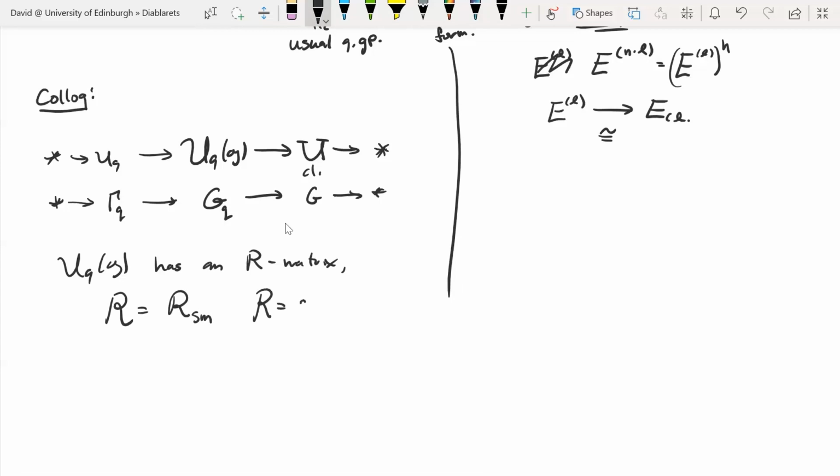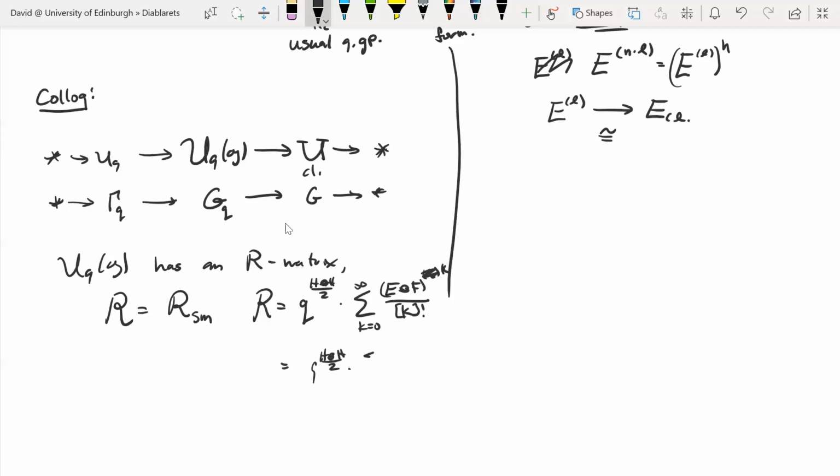It's like q to the, let's say, H tensor H over 2 times the sum k equals 0 to infinity of, now what you usually write is E tensor F raised to the kth power, divided by quantum k factorial. You may have seen that for SL2, for instance. The beautiful thing is if we rewrite that in terms of the divided powers, then we still have this funny factor. Let's not worry about that.